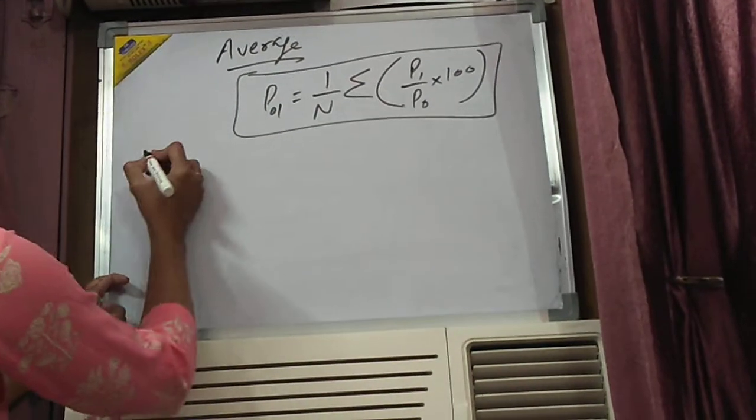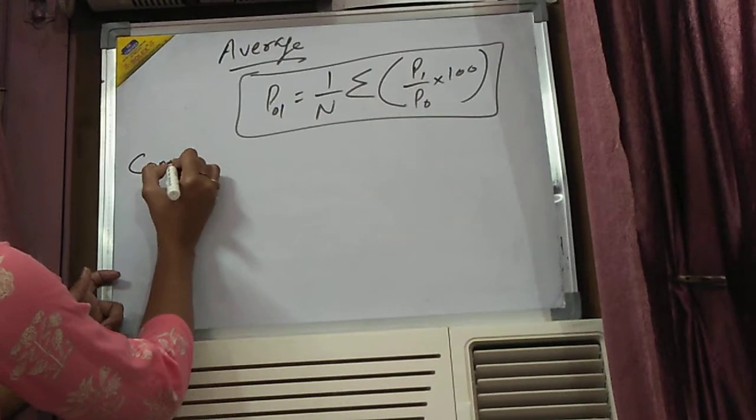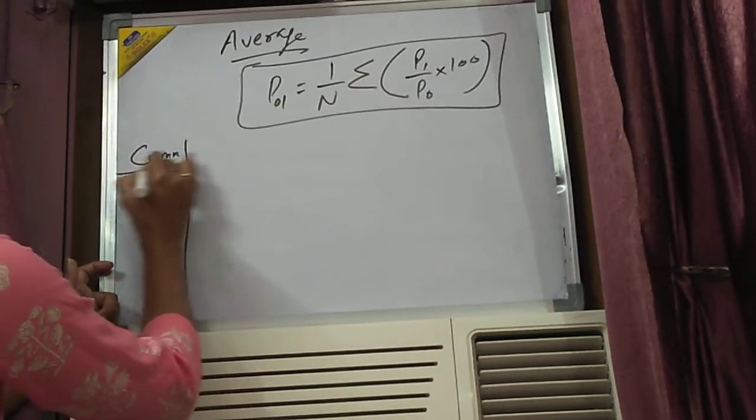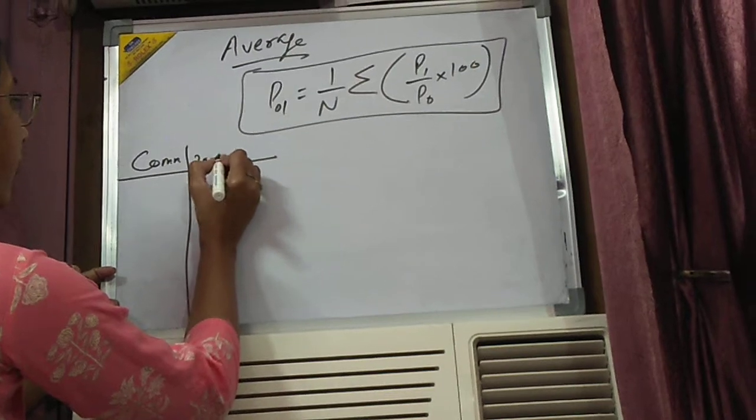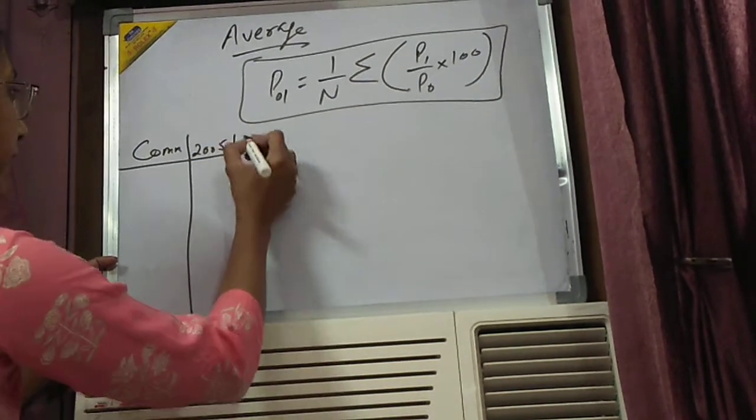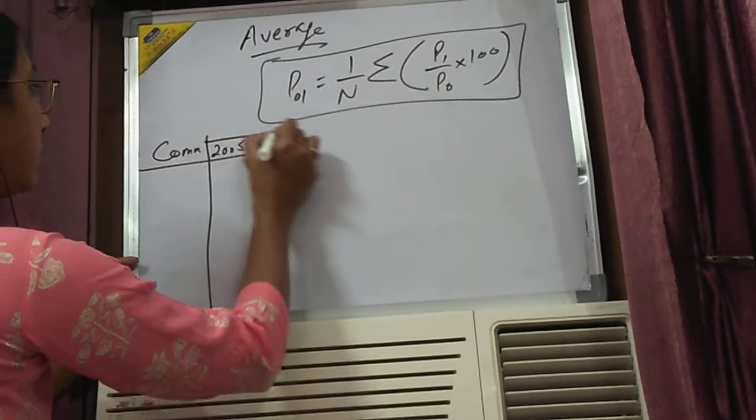Suppose the question is given, commodities are given to you and the prices are given in 2005 and then in 2010.